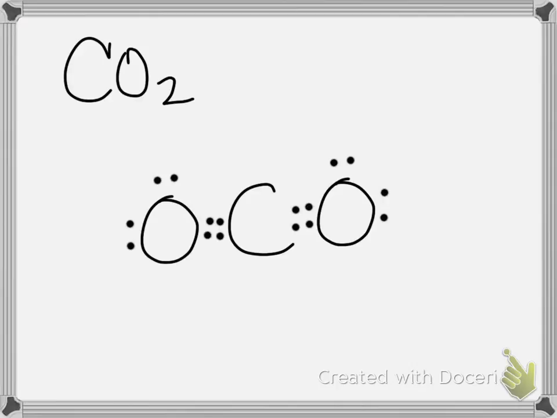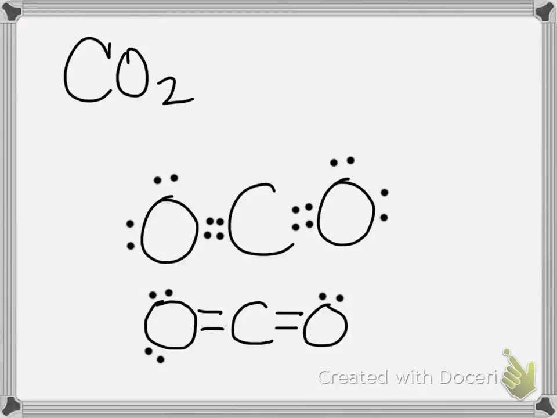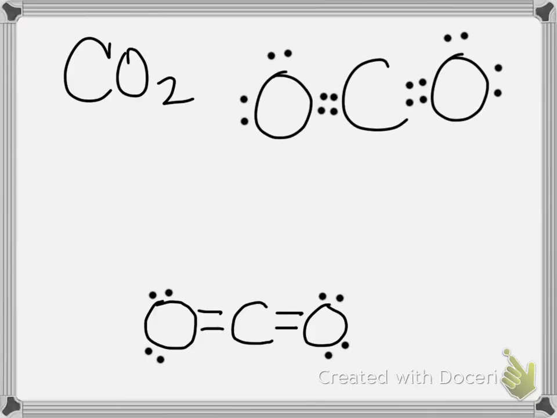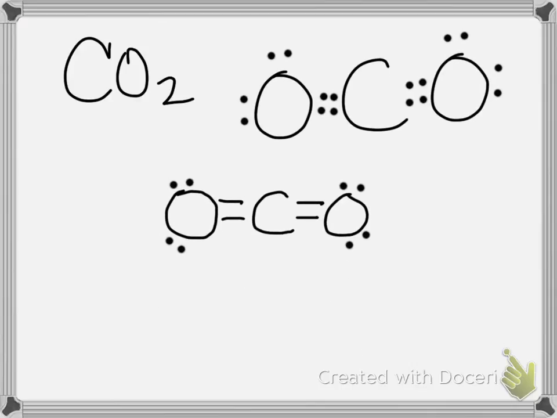And now once we've got the shared electrons shown, we can go ahead and replace those with lines. Now what I can't get rid of are those unshared pairs on oxygen. So this has got 2 double bonds.